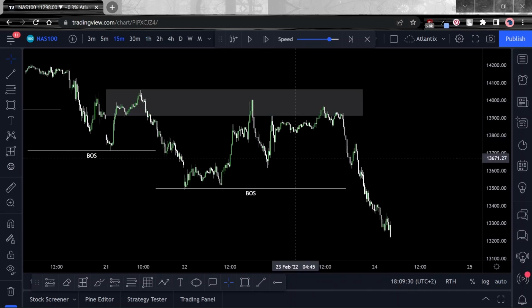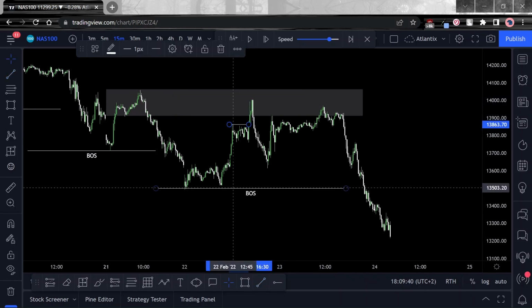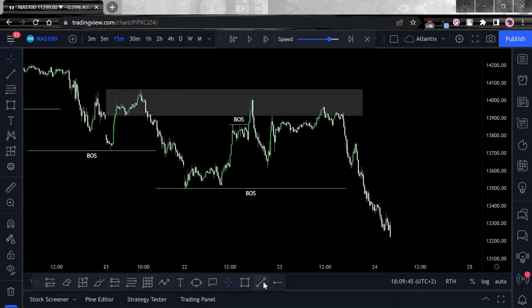right? So obviously, when price was pulling back up, we're expecting price to remain bullish as long as this zone was not to hold. So we've got a bullish break of structure, and these are the lows where we see price come in, give us a bearish change of character, right?